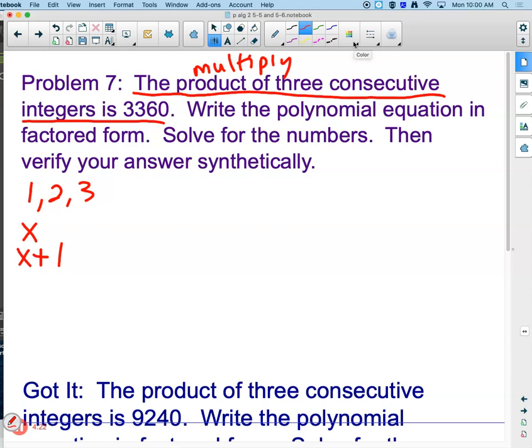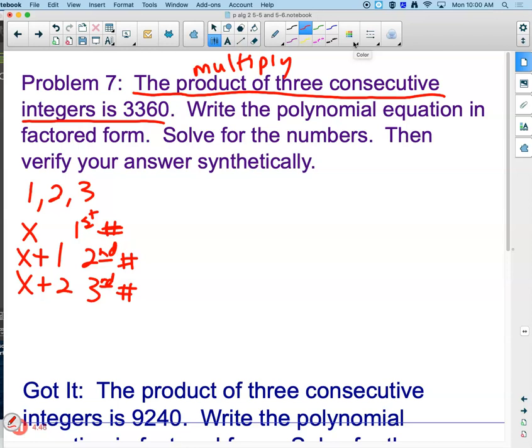Something really basic and easy you could do to 1 to get a 3, which would be adding 2. So this is going to be our first number, our second number, and I'm just using the number symbol, and the third number.